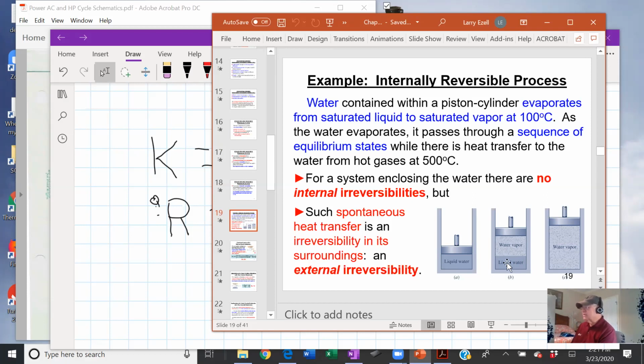Now by mass, the specific volume of water vapor is so large, so many cubic feet per pound, or meters per kilogram.